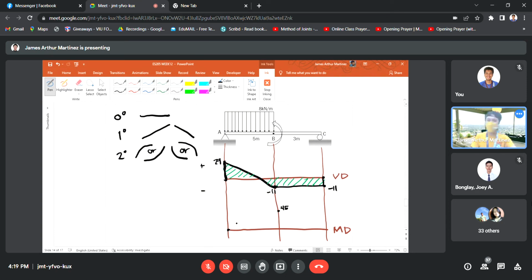Now, what is the nature of the graph, or what does the graph look like, class? Take note, every time our diagram or graph crosses the zero axis, you have to establish that point.